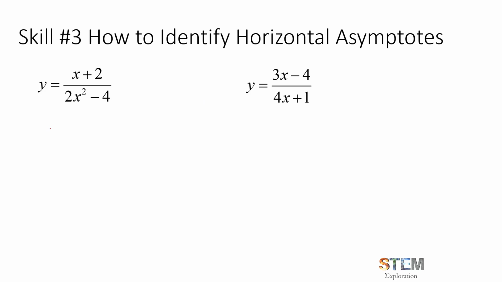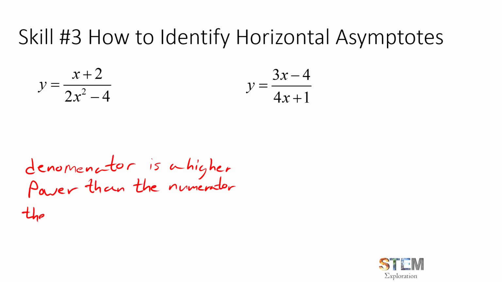For example, if the denominator is a higher power than the numerator, then the horizontal asymptote is always going to be y equals 0.